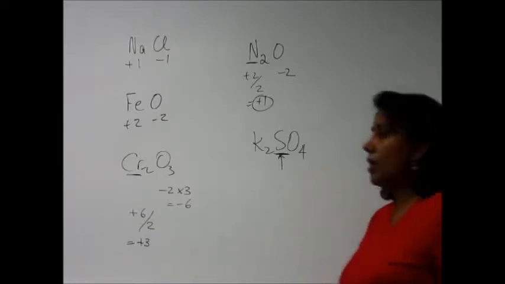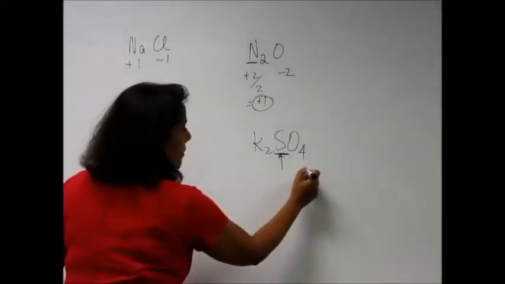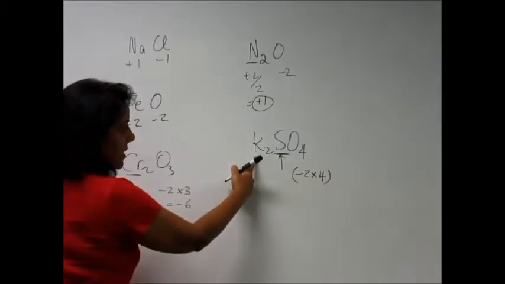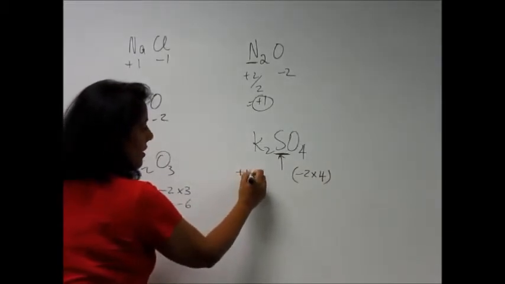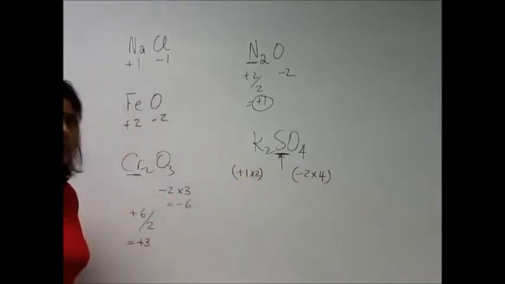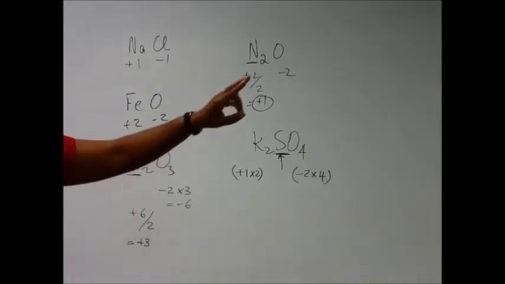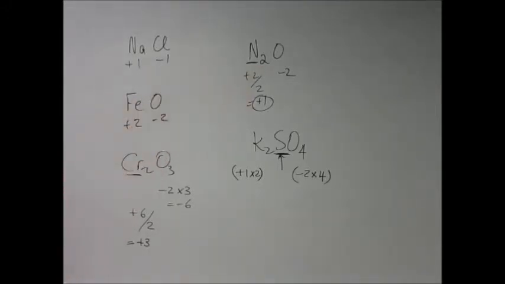So here, oxygen is still -2 times 4, right? Potassium is +1 times 2. That's not going to change. Potassium, group 1 and 2, they will always stay the same. Group 3 might change because of the metalloid, which is boron over there. So it might change a little bit, but in general it will not also.